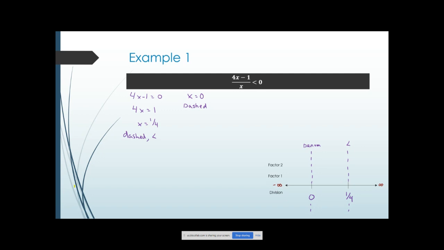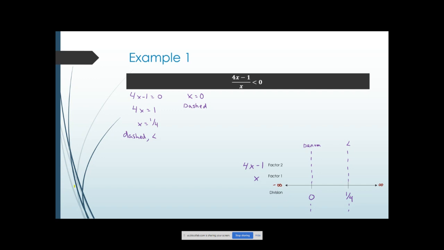So now we're looking at the same idea. You're plugging in numbers into each factor. So factor 2, really doesn't matter the order that I write these, but let's say x minus 1, and then x. And then we're looking at what happens when you divide. So I want to plug in a number smaller than 0.